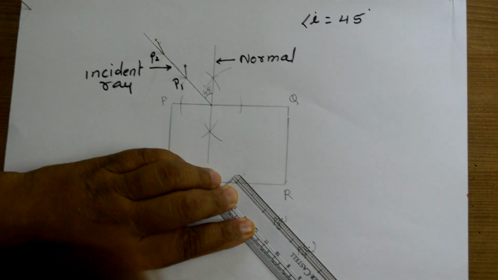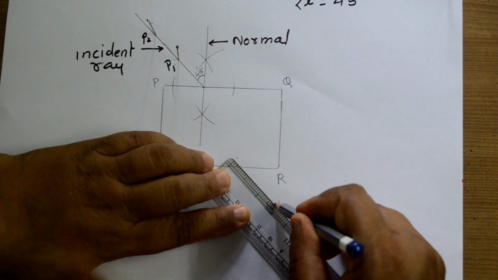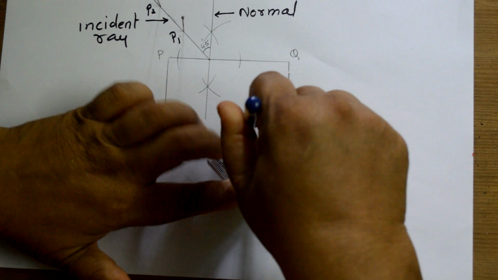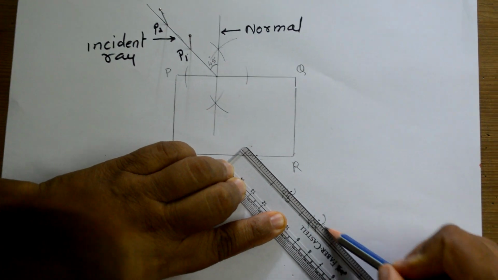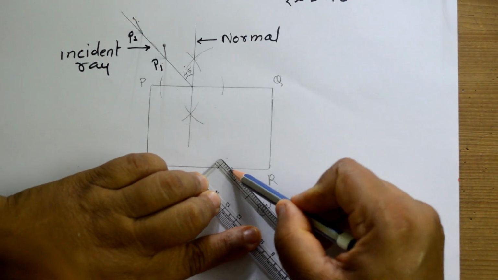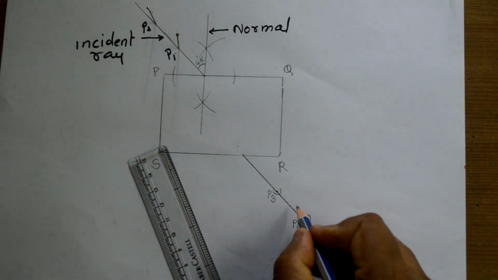And try to join pin 4, pin 3 point up to the line SR. Extend up to the line SR and this is your emergent ray.